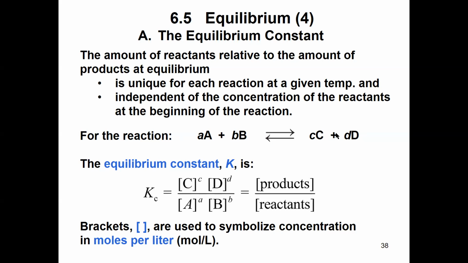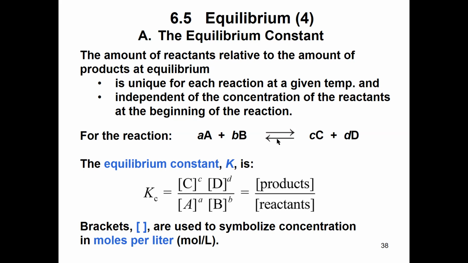There is a forward reaction and a reverse reaction. And so the amount of reactant relative to the amount of product at equilibrium is unique for each reaction at a given temperature. So there are tables with Kc values given for specific reactions.